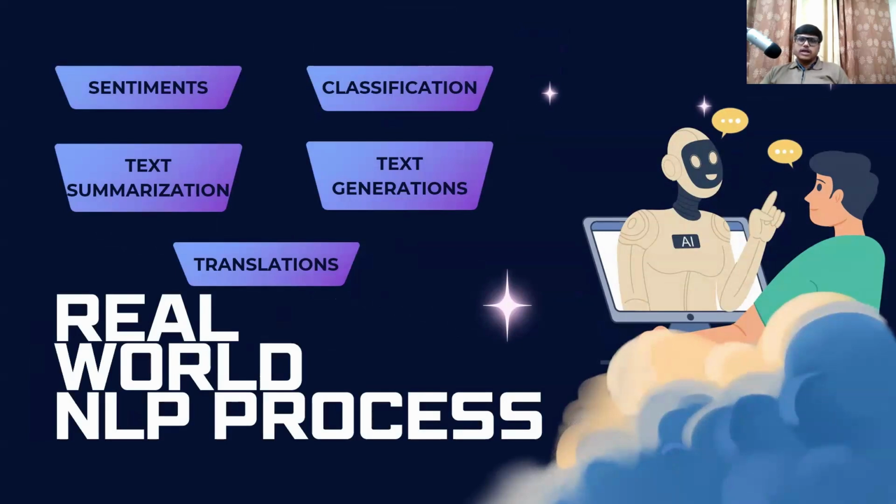And then real world NLP practices, what you are going to do in real time. We are going to segregate into sentiment analysis, classification models, text summarization, text generation, and translation. There are a lot of LLM libraries available, like I said before: Gemma, BERT, Llama, GPT.